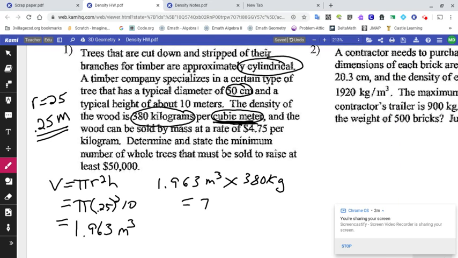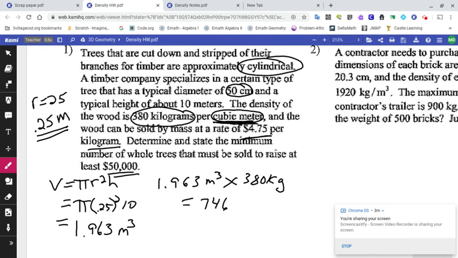Okay. And that's going to give me 745.94. So I'm just going to say 746. Okay, so that's the mass of one tree trunk. Okay. Well, I know that I want to raise $50,000 and it's 4.75 per kilogram.